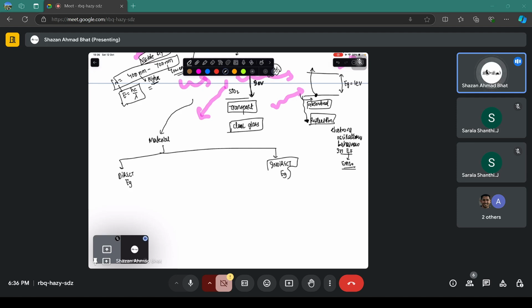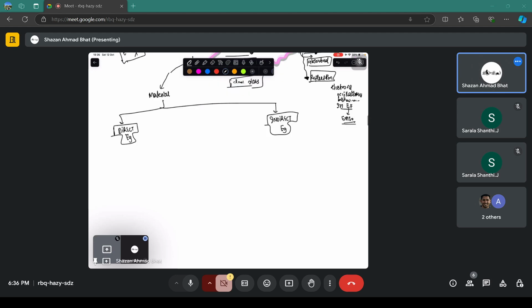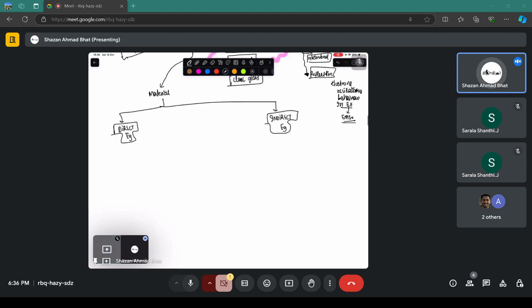It's a very crude differentiation between the two materials. In actual sense, you can always convert a direct band gap into an indirect band gap and indirect to a direct band gap. Let's first study what these two things are.